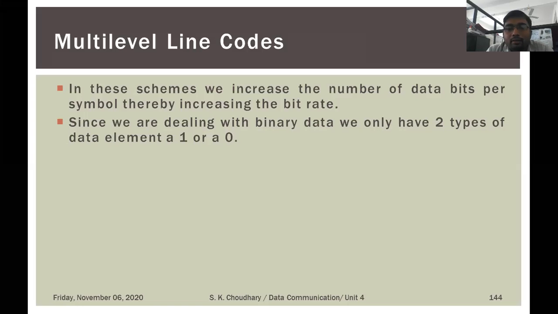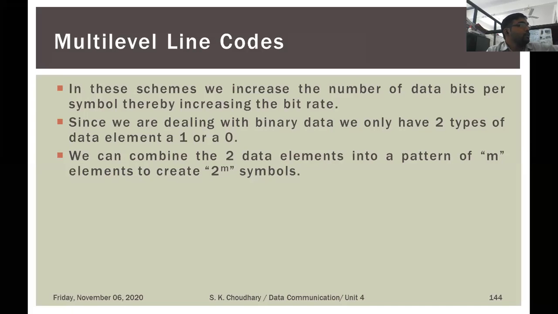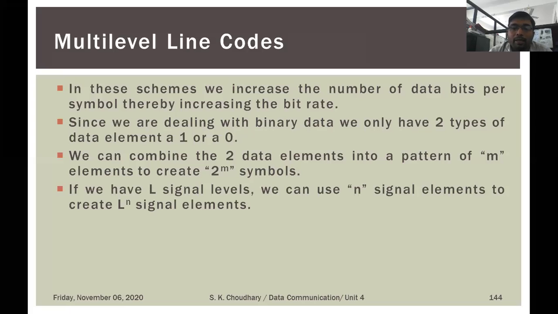Since we are dealing with binary data, we have only 2 types of data elements, 1 and 0, but now we can combine data elements into a pattern of m elements, and that is represented as 2 raised to the power m symbols. So we just combine the data elements into a pattern of m elements, giving 2 raised to the power m symbols.